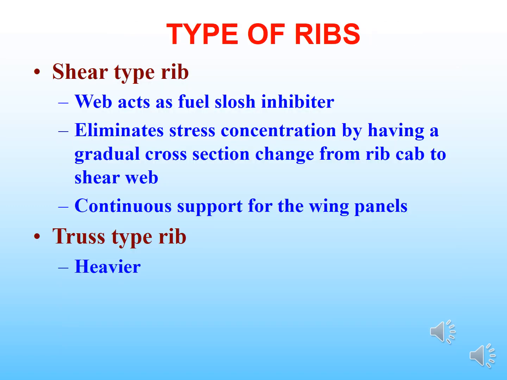Then types of ribs. There are two types of ribs, shear type and truss type. Each has its own advantages and disadvantages. Mostly we use the truss type rib, which is heavier, but it provides much more advantages than the shear type rib.